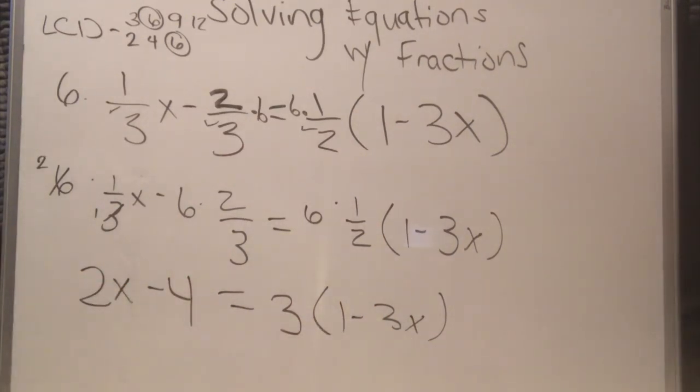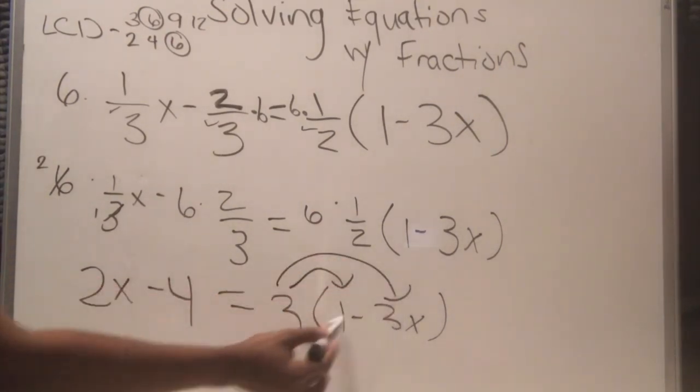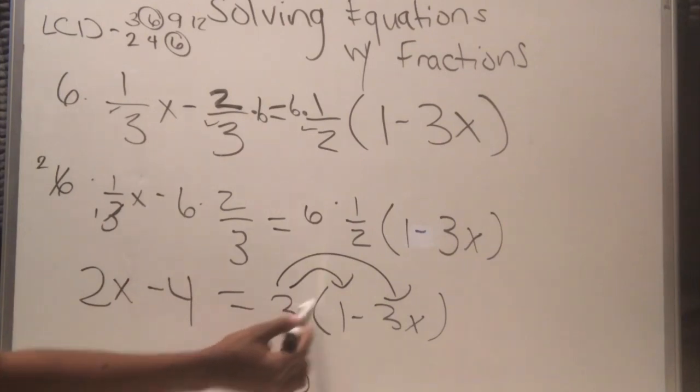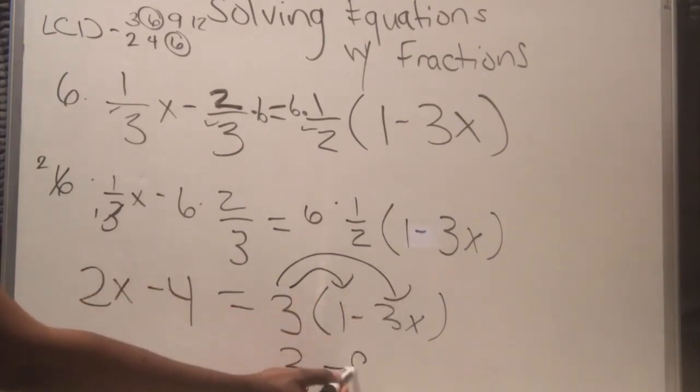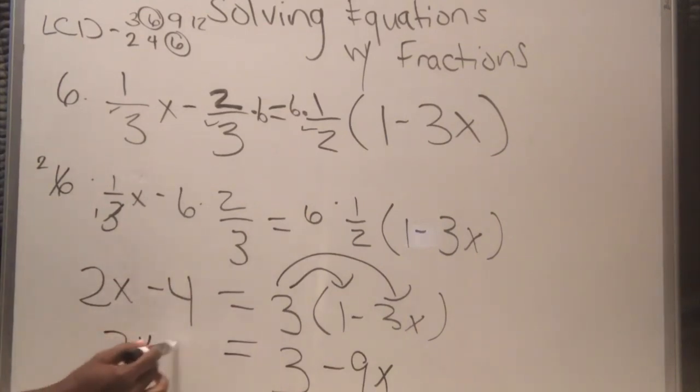Alright. So now that we have that, we can go ahead and distribute what's on the outside of our parentheses. So 3 times 1 is 3, and 3 times negative 3 is negative 9x, equals 2x minus 4.